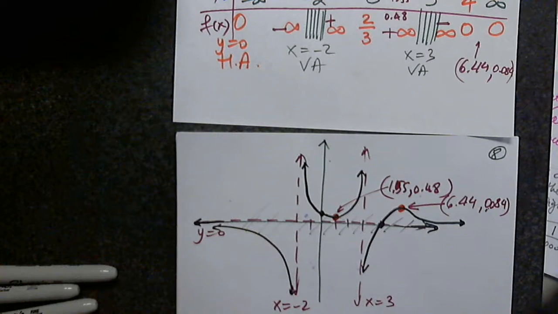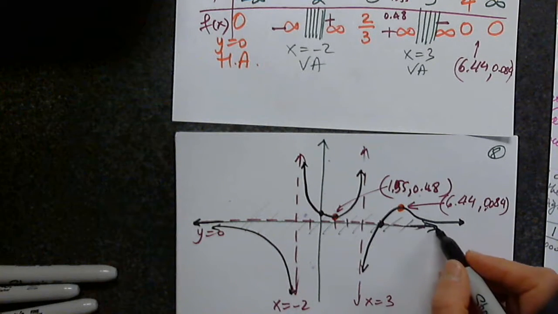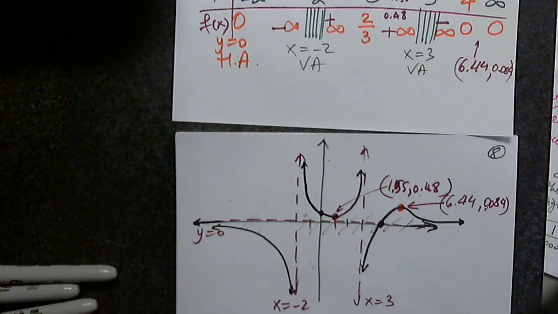In here doesn't mean anything. It only says that after a big while, the function will approach 0. And after a big while towards the negative side, it will approach 0. So a function can cross a horizontal asymptote, but it will never, ever cross a vertical asymptote because it's undefined there.